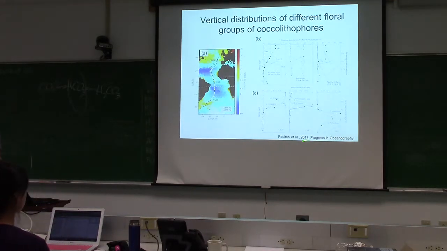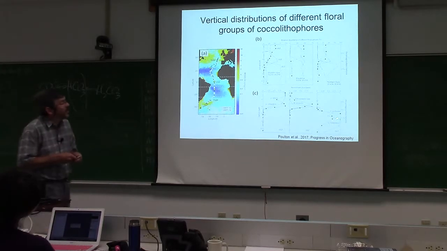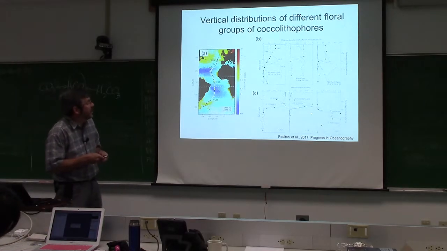This is a new paper that came out, in Progress in Oceanography, by Poulton et al. There's a lot going on here, but just to say they're different species at different depths. This is normalized abundance, and he shows that different species live at different depths. Here's your Florisphaera profunda, and you're looking at depths.